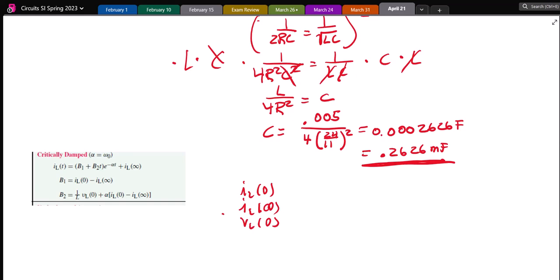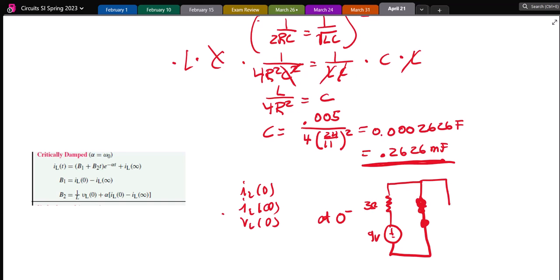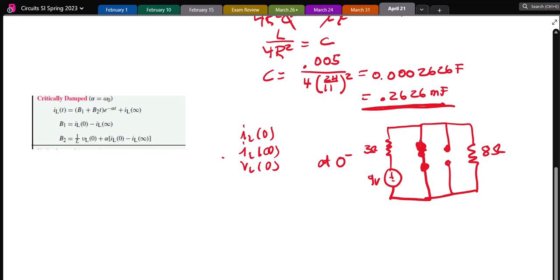So at 0 minus, we had a voltage source of 9 volts. We had a 3 ohm resistor. At 0 minus, we'll have a short circuit where the inductor was. We'll have an open circuit where the capacitor was, and we have another resistor over here of 8 ohms.